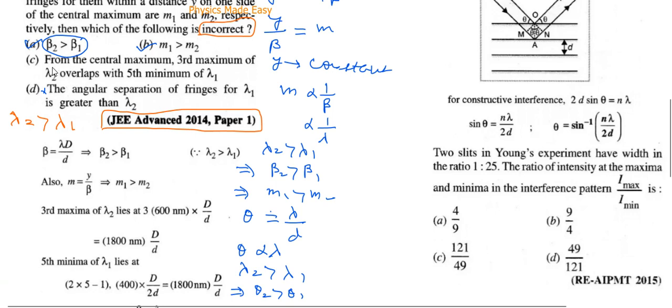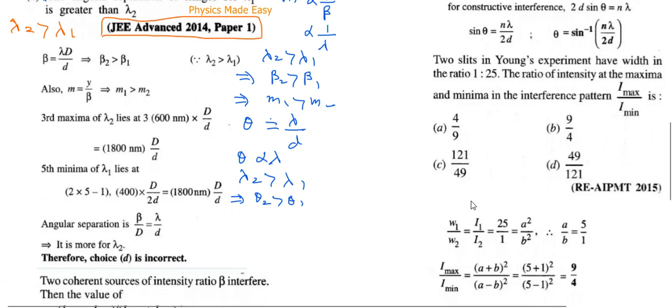Now you can verify yourself that the third maxima of lambda 2 overlaps with the fifth minima of lambda 1. Find out the fifth minima and then find out the third maxima, and you will find that both of them are equal.